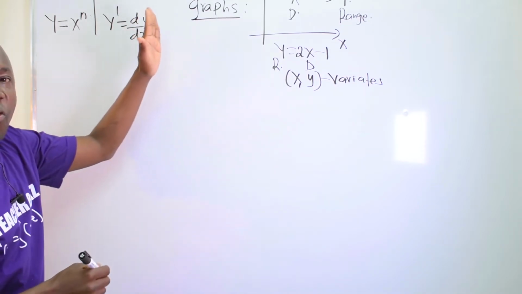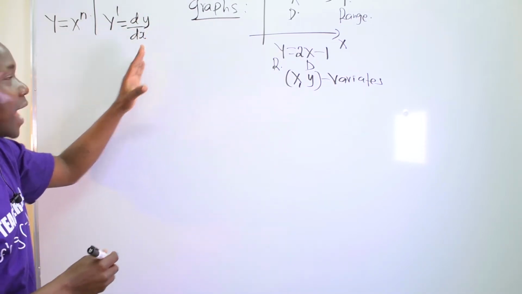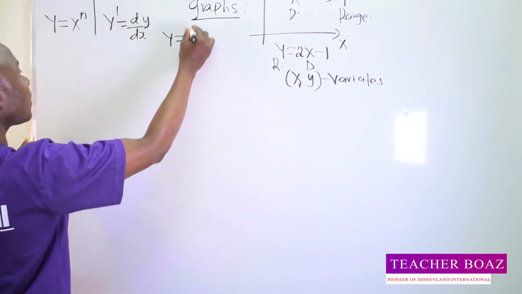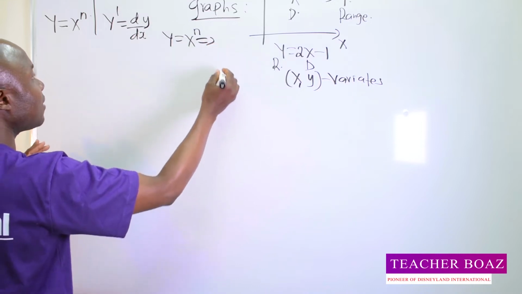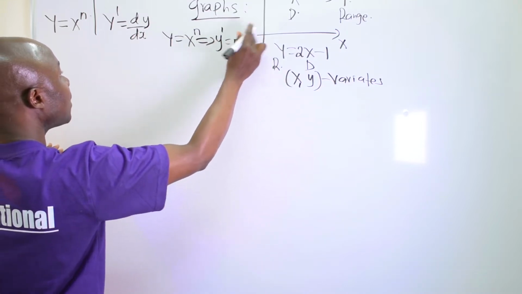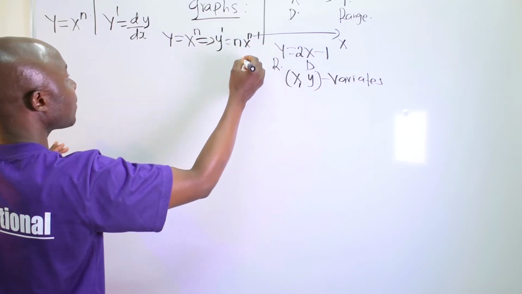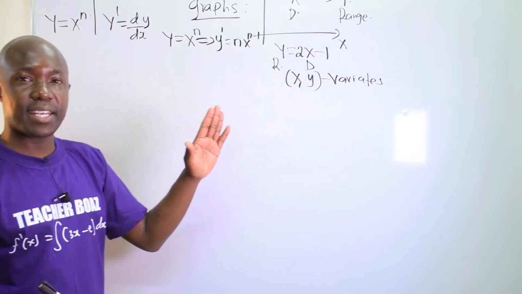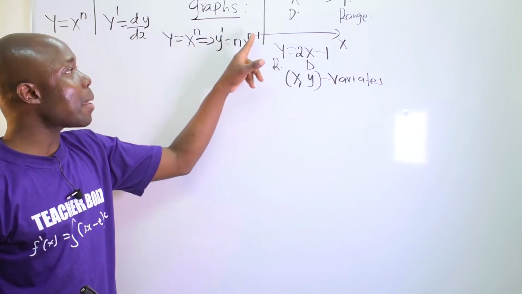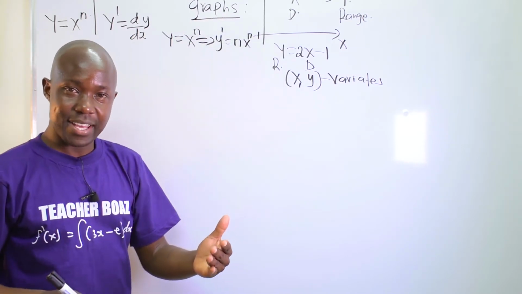Means we are differentiating y with respect to x. And what do we get when we differentiate that? If y is equal to x^n, this implies our y prime becomes n x^(n-1). In other words, when you differentiate a function, the power multiplies the whole of it, then the power reduces by 1. Are we good?